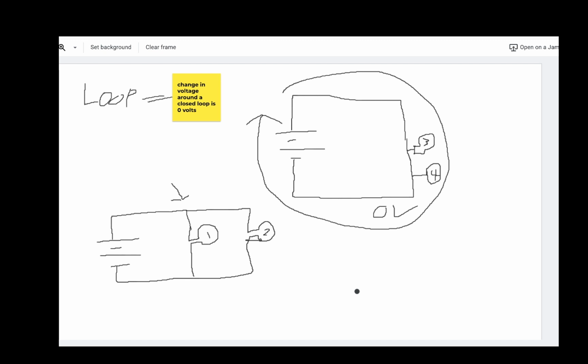However, since the circuit up top is in series, the change in voltage for light bulb 3 and for light bulb 4 would add up to the change in voltage through the whole circuit, which is usually set by the voltage that the battery has.